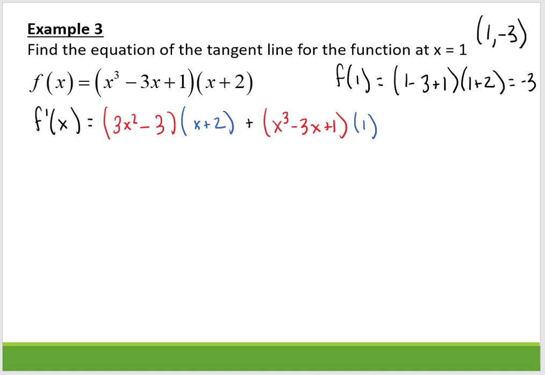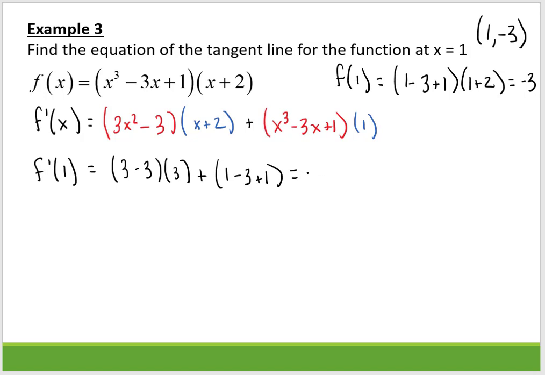And I would recommend you not do that. You know why? Because you might make a mistake. But if I plug in 1 here, I'm going to easily be able to find the values. So I have 3 minus 3 times, if I plug in 1 there, I get 3. That term's going to go to 0, so it really doesn't matter. And then I have 1 minus 3 plus 1.